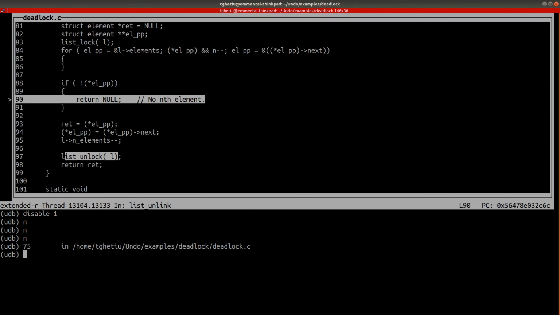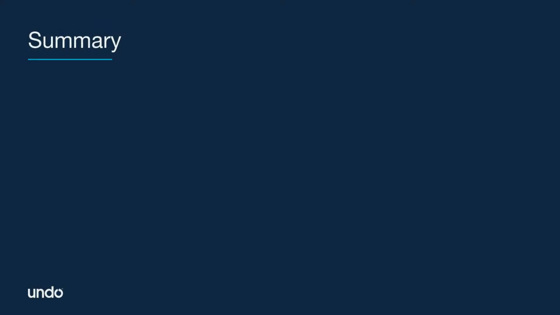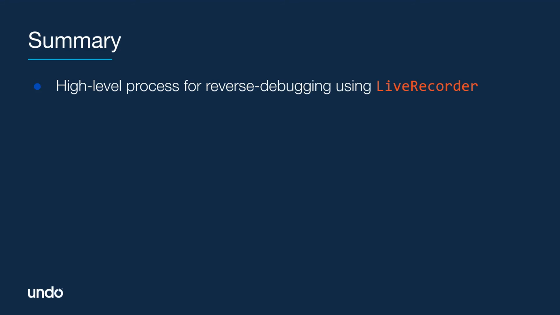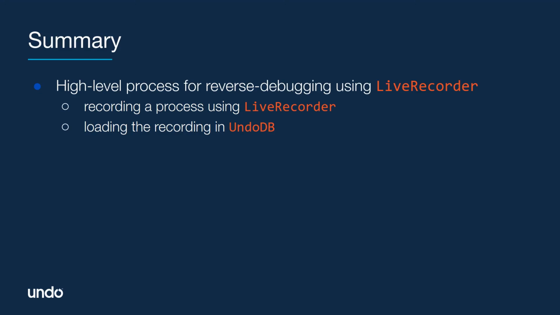A classic mistake in concurrent programming. In this tutorial, we have presented a high-level process for reverse debugging using Undo's LiveRecorder. The process is composed of 3 main steps: recording a process using LiveRecorder, loading it in UndoDB, and then reverse debugging it in UndoDB.